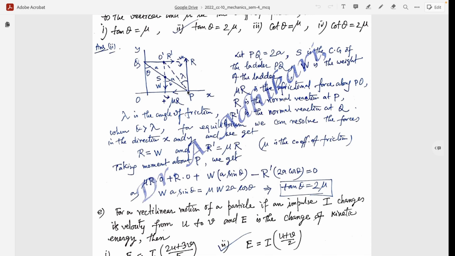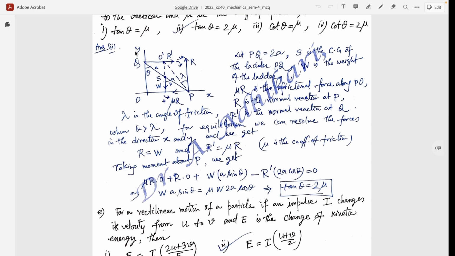Angle of friction means the angle between the normal direction and the resultant of the normal and the frictional force, which is this PO dash. So the angle between the resultant force and the normal direction is the angle lambda, the angle of friction.